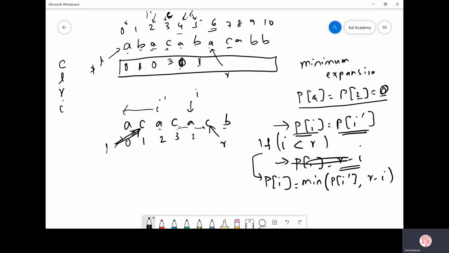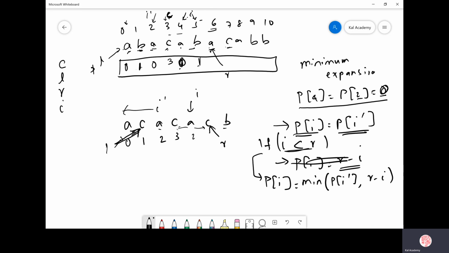One point I want to mention is, why did we go for if I less than R? The reason is, if you were to expand this beyond this, there's a possibility that C would have already found it before, right? For example, if this was here and you were looking at this value and there is a B matching B, you know for sure that the next one matches because you already found it.